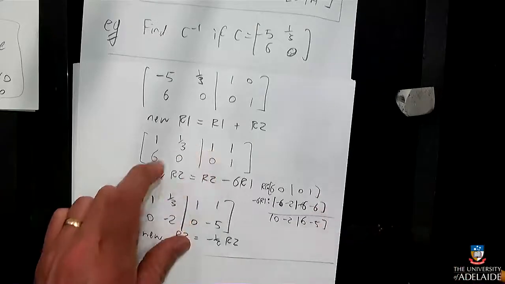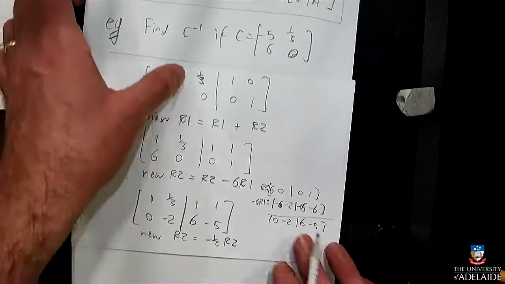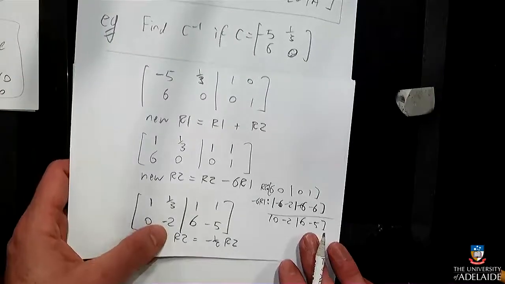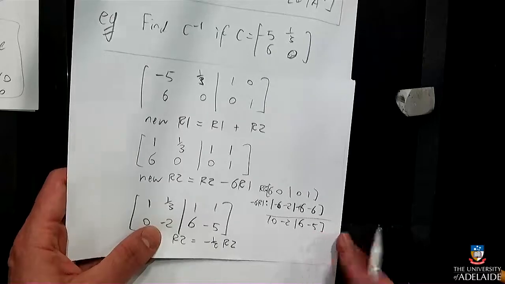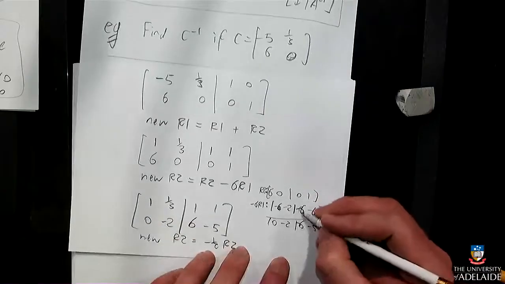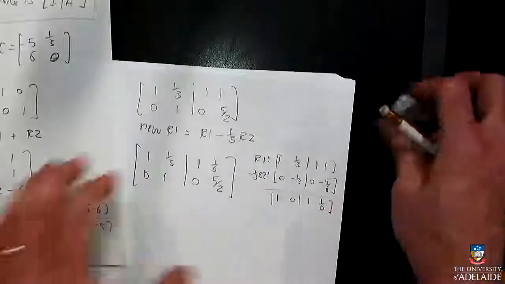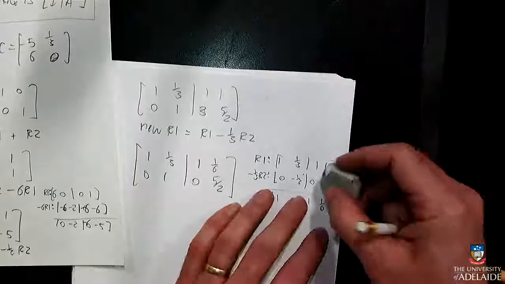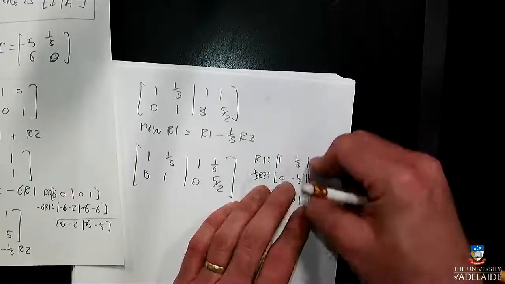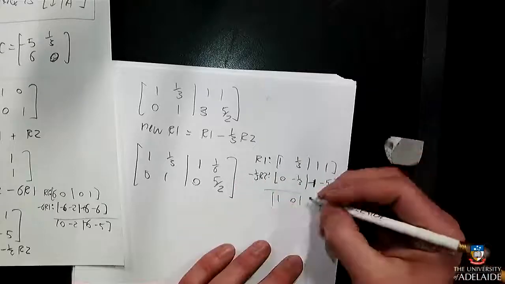That'll make that a 6 in this spot. Okay, and so if that's a 6 in that spot, when I do minus a half of row 2, oh no, that's a minus 6. It's 0 plus negative 6. Okay, when I go at minus a half of row 2, that'll be a 3 in that spot, which means this is a 3. Be a minus 1, which means there'll be a 0 here.